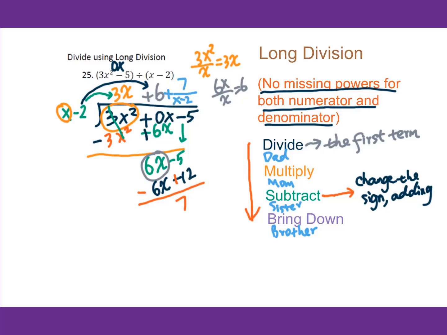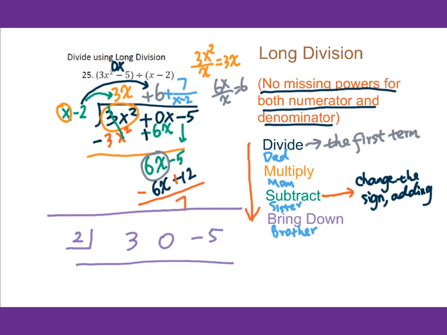Since we already learned the synthetic division, let's try synthetic division for this problem. Check whether we got the same answer. Root in the corner, that's we got the 2. No missing power, so 3, 0, negative 5. Drop down, we got 3. Multiply, here it's 6, adding 6. So 12, this will be 7.